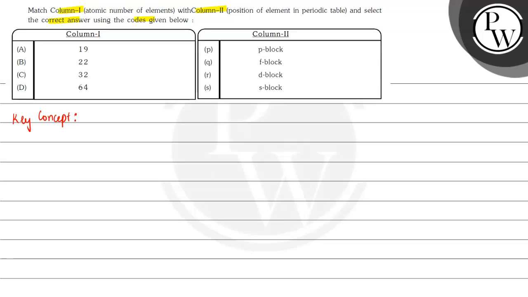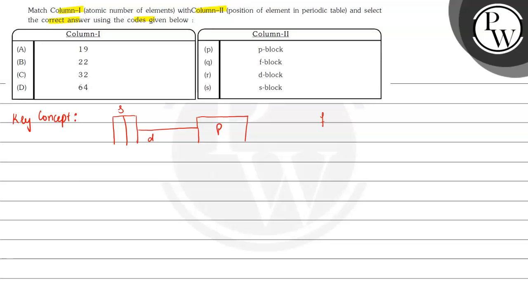Here we will start our solution with the key concept. As we know, the first two groups are S block. Then we have 10 groups which are D block. Next, we have 6 groups which are P block elements.